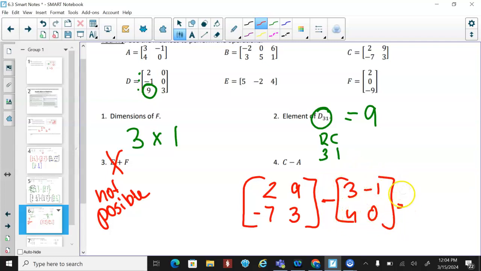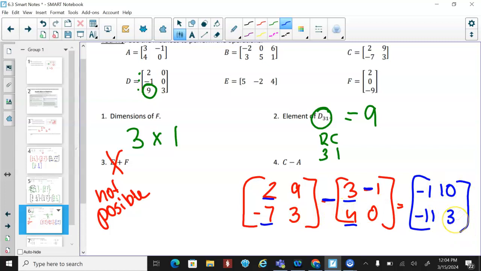So again, for my new matrix, 2 minus 3 is negative 1. Negative 7 minus 4 is more negative, so that's negative 11. 9 minus negative 1, so that's a positive switch, so that's going to be a 10. And 3 minus 0 is just 3. So for this one, you should get negative 1, negative 11, 10, and 3.